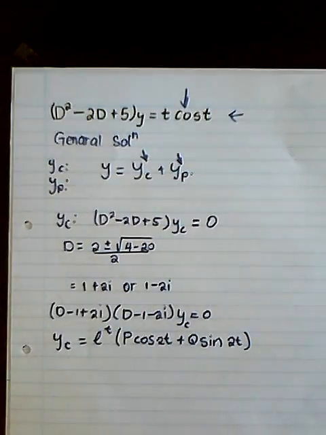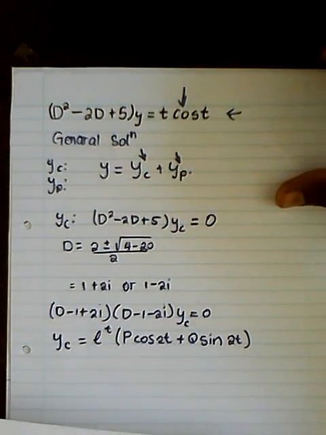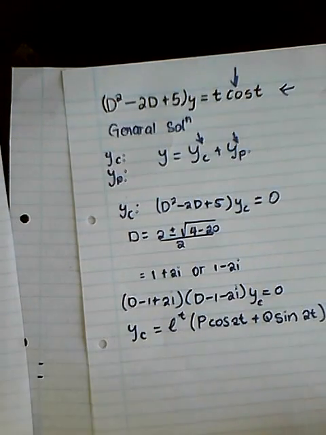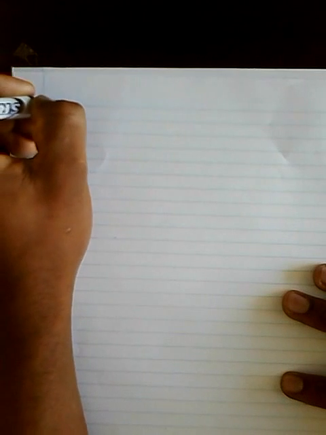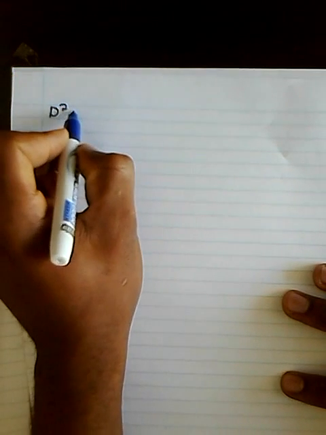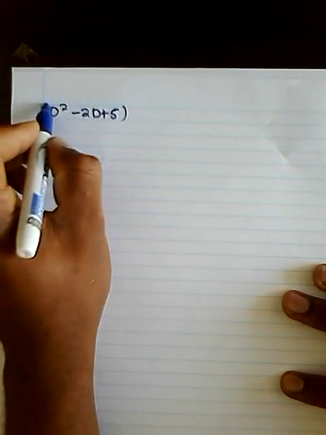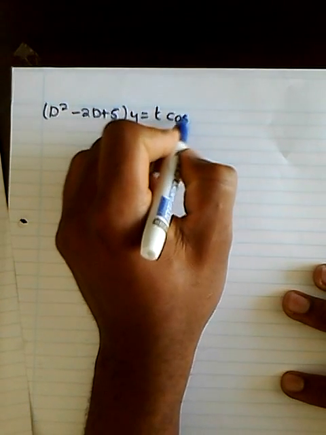Okay, now we're going to have to determine again the particular solution, which is very long, and I think most of the marks on this question come from determining a particular solution. Let me just copy down the question. So we want to determine the particular solution of d squared minus 2d plus 5 operating on y is equal to t cos t.